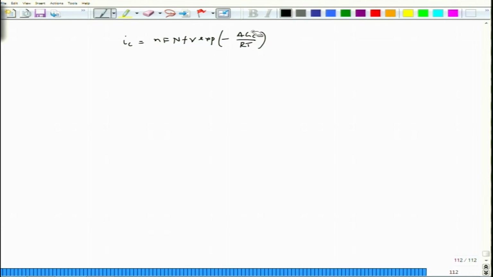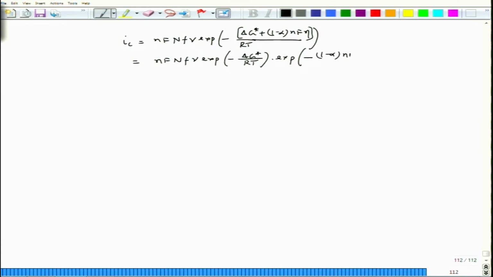So, I replace this GC with delta G star plus (1 minus alpha) nF eta by RT, again nF nu exponential minus delta G star by RT into exponential minus (1 minus alpha) nF eta by RT.